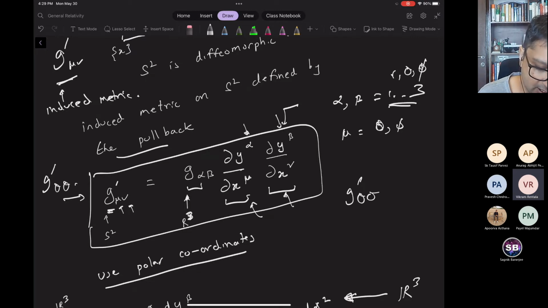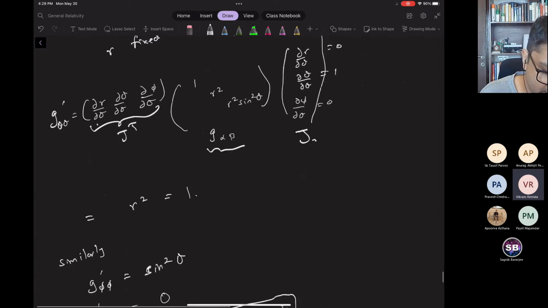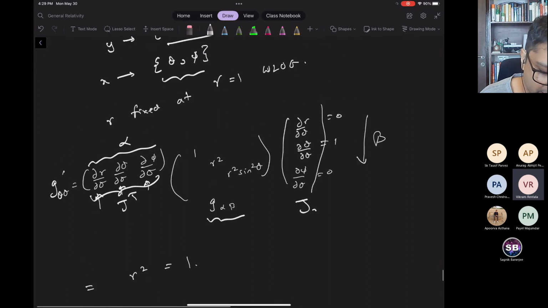And it has indices mu nu, which are fixed to theta theta. So that means I'm taking derivatives with respect to theta. And this is, let's say, the alpha index, and this is the beta index, which runs over r theta and phi. So it's something like this. So it's this matrix element that I need to evaluate. Partial r, partial theta, partial theta, partial theta, partial phi, partial theta.